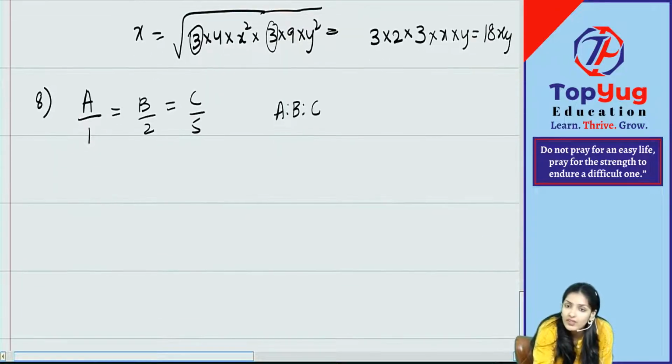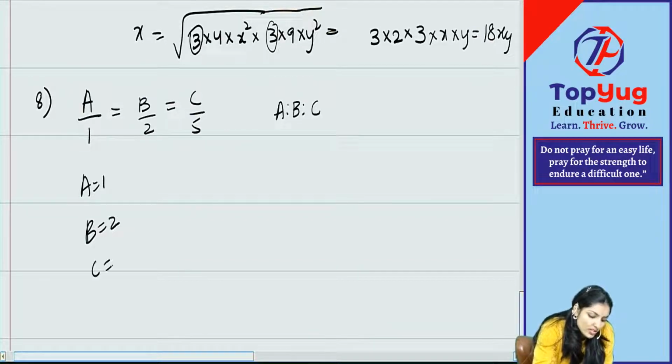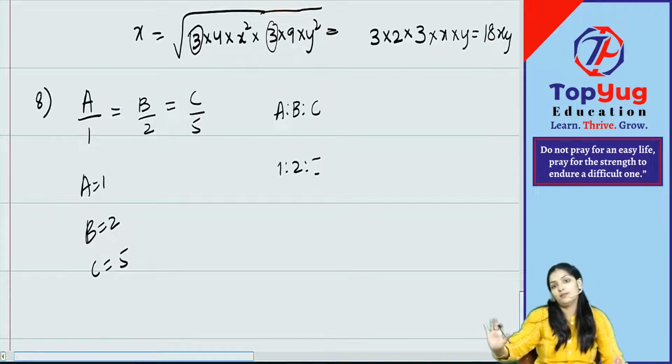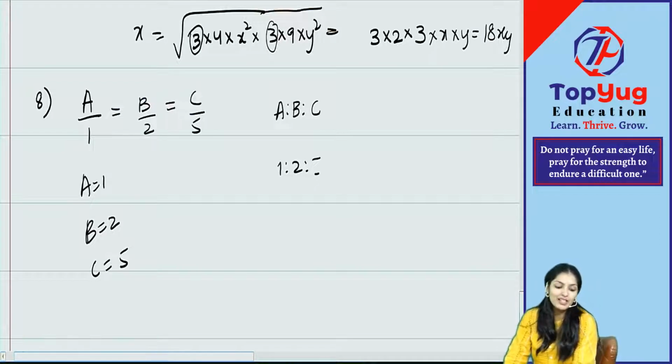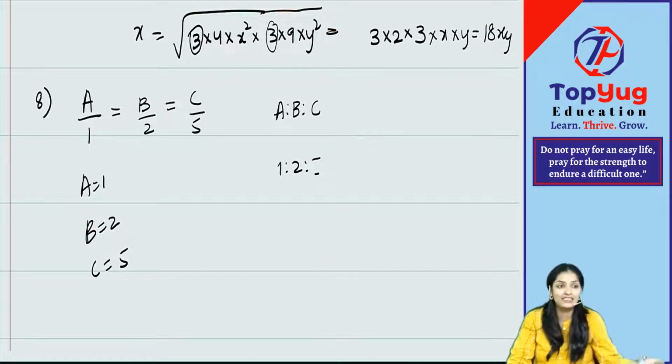So whatever the denominator is there, that is the value of numerator. Means A is equal to 1, B is equal to 2, C is equal to 5. 1 is to 2 is to 5. Simple. One of the benefits of mathematics here for MCQs is you will be having these kind of tricks. Happily you can use it.